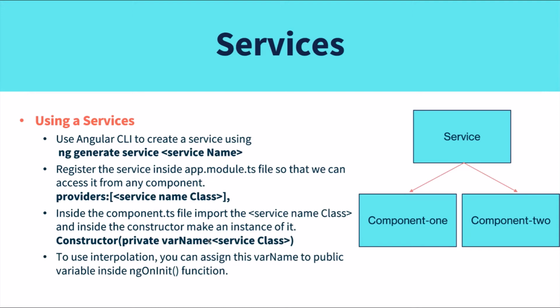Then because this property was private and we need to use a public property to display content on the HTML, we go to the ngOnInit method and there we gave an employee list equals this variable and then we call the method getEmployee, which resulted in giving us the list of data. And in the HTML, we had ngFor, which iterated over this list and printed the data. So this is how one service data was shared between two different components.